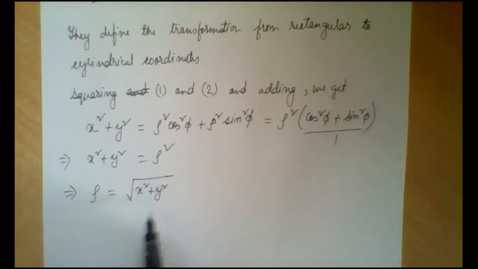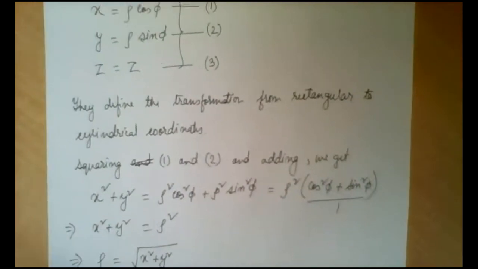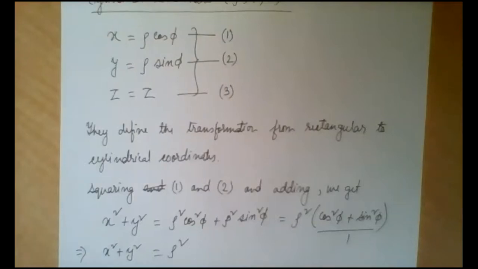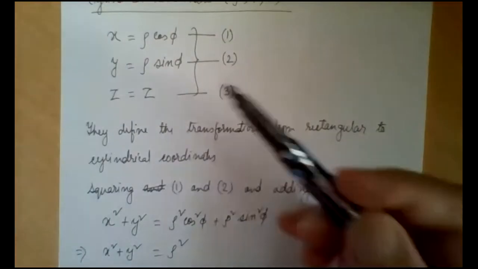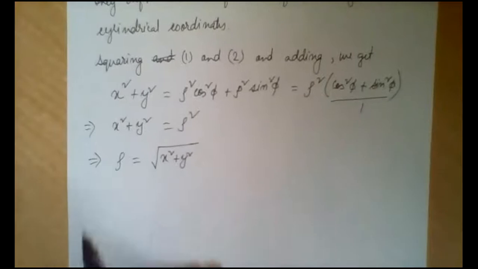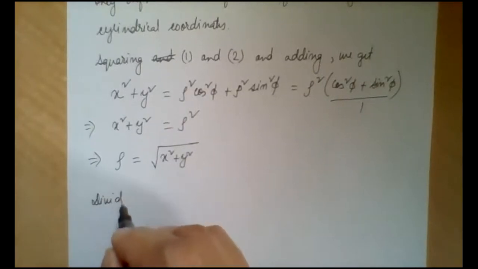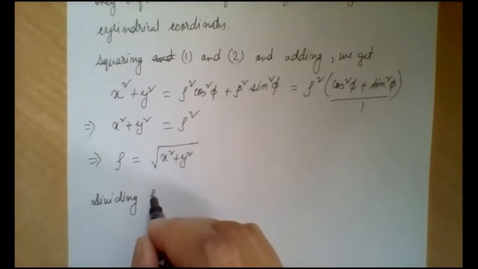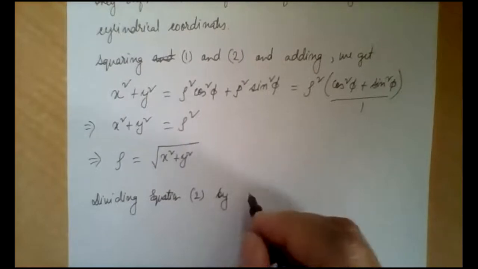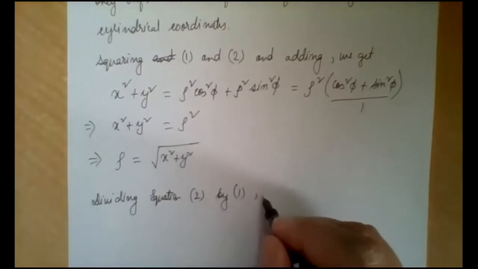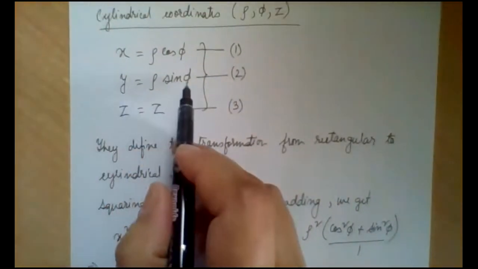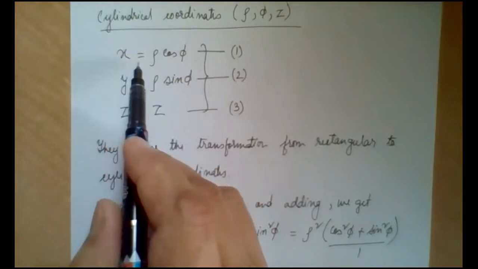Now let us express phi. From these two equations, we can express phi in terms of x and y. If we divide equation number 2 by equation number 1, what do we get? Equation 2 is y equal to rho sin phi, and equation 1 is x equal to rho cos phi.